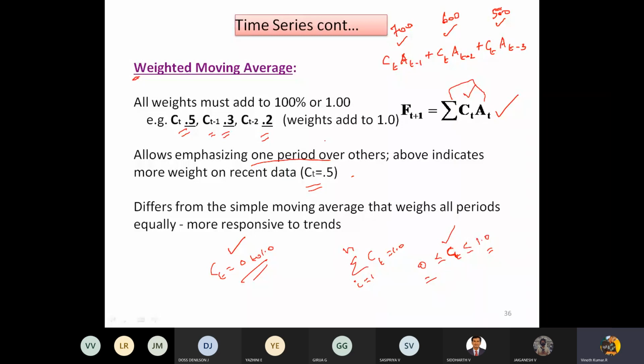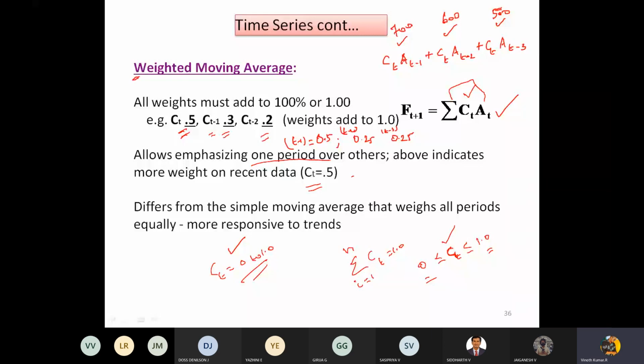For example, if I take the first one's weight, here it is 0.5, so it is twice as heavy as each of the previous 2 periods' demand. So for the remaining 2 periods, I'm going to take 0.25 and 0.25 over here, one for t minus 2 and one for t minus 3.